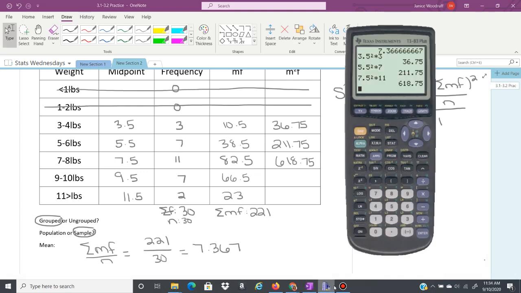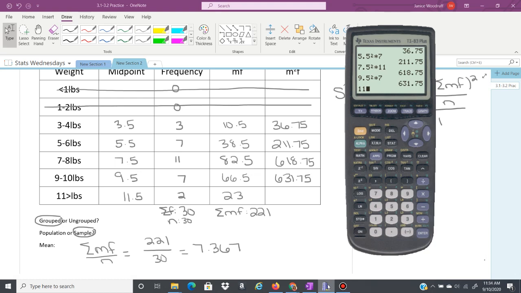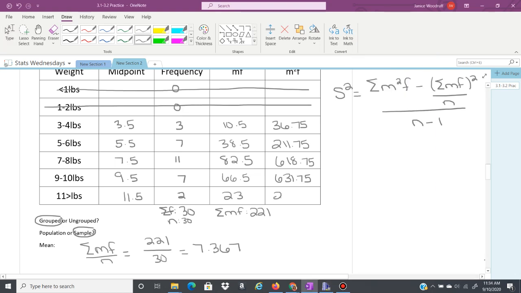Then 9.5 squared times 7, 631.75. And then 11.5 squared times 2, 264.5. Okay, so let's go ahead and sum that column.